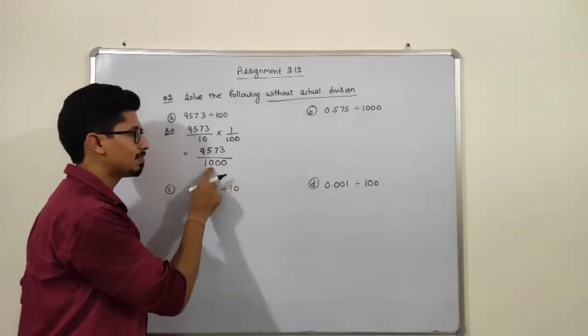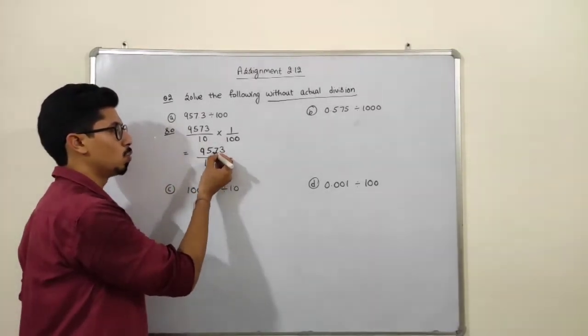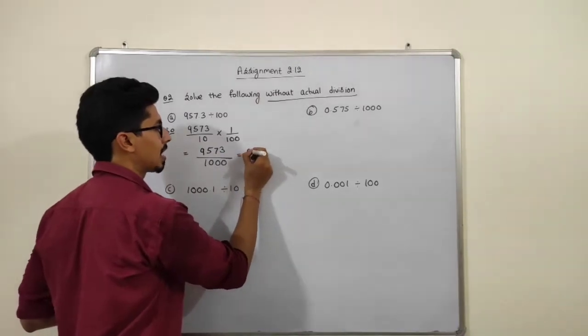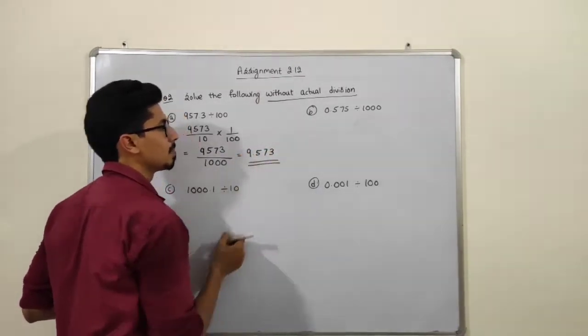Now in the denominator we have 3 zeros. So put the decimal before 3 digits. So 1, 2 and 3. So it can be written as 9.573. Okay. So this is our answer.